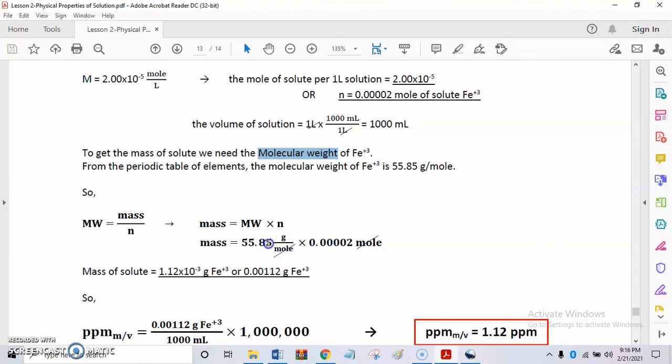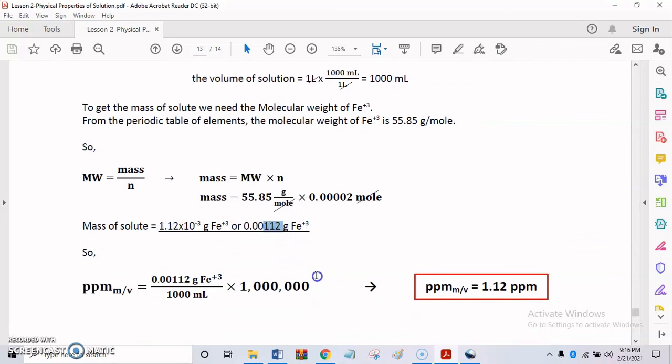Then 55.85 gram per mole times yung mole natin, crush out the mole, and then matitira is gram iron. Ayan na siya. So the mass of solute natin is 1.12 times 10 to the minus 3 gram iron, or 0.00112 gram iron.